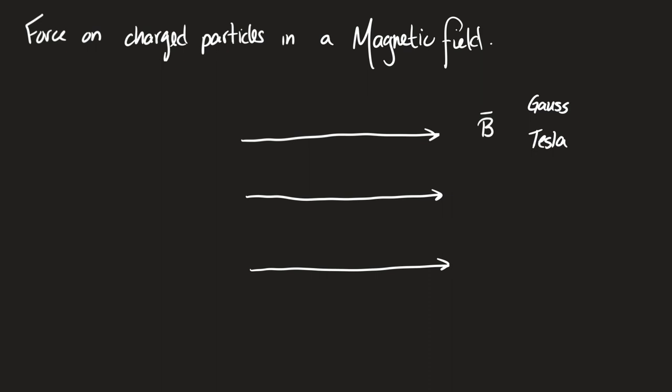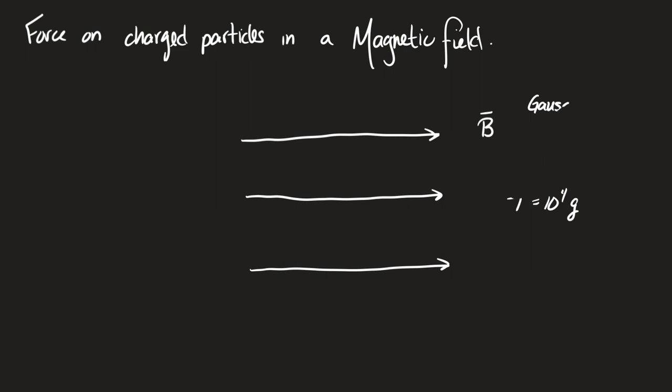A Tesla is 10 to the 4 Gauss. Now, I will not use Gauss in here ever, but old FRQs sometimes use Gauss. So if one slips in there, just convert to Tesla. We're going to use Tesla for the unit of the magnetic field.